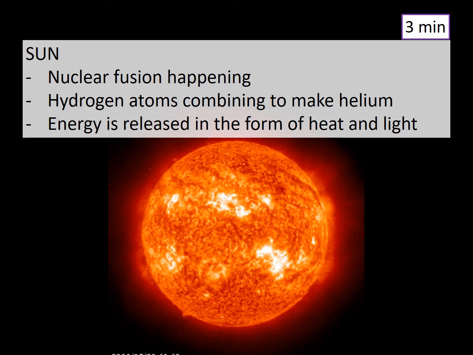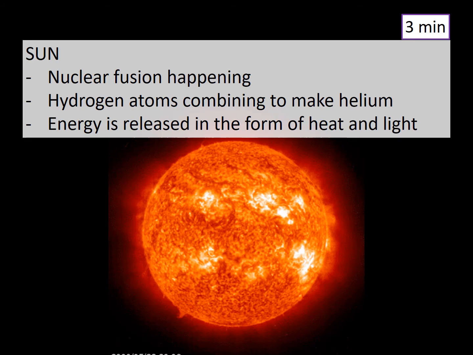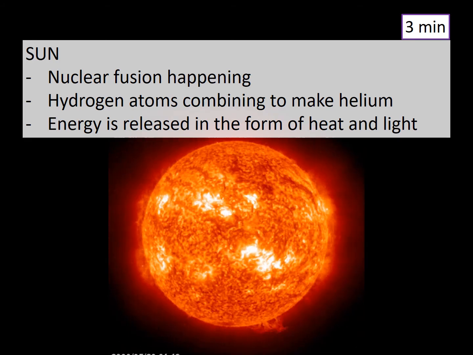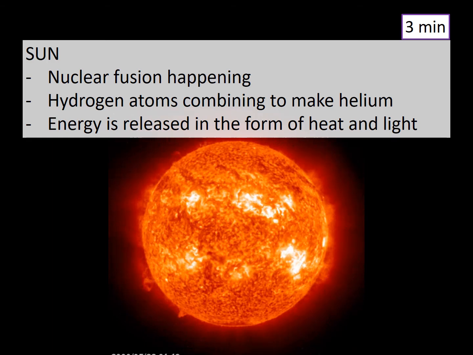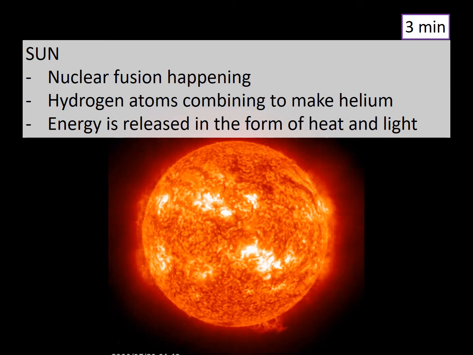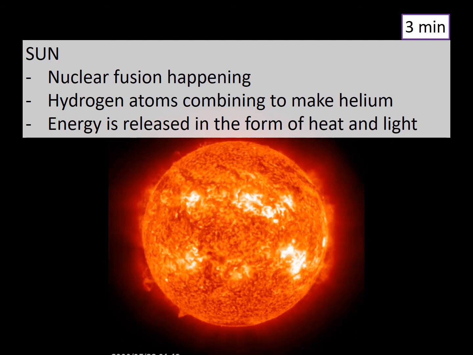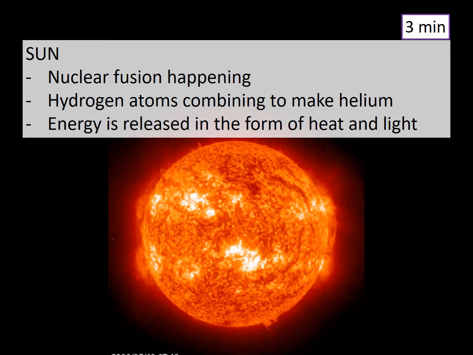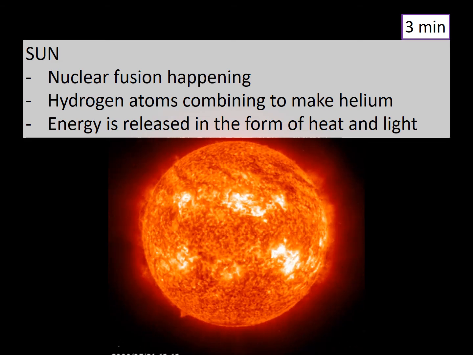And by doing that, they release so much heat energy and so much light energy. That's what we see on the Earth, and that's what we feel on the Earth as well, that warmth from the sun. Okay, so just take a minute or two, however long you need, to copy down the information, and when you're ready, let's go on to the next slide.